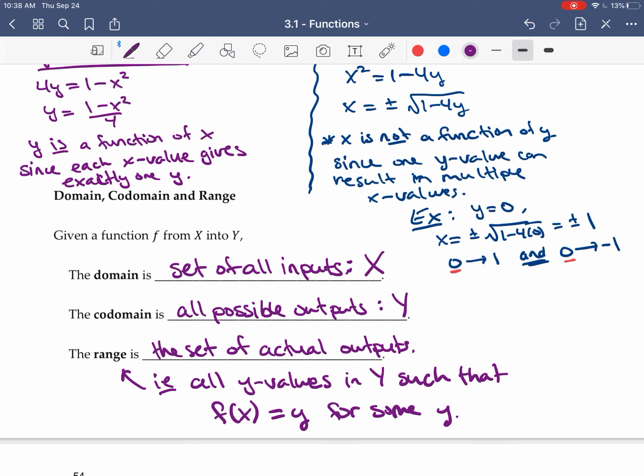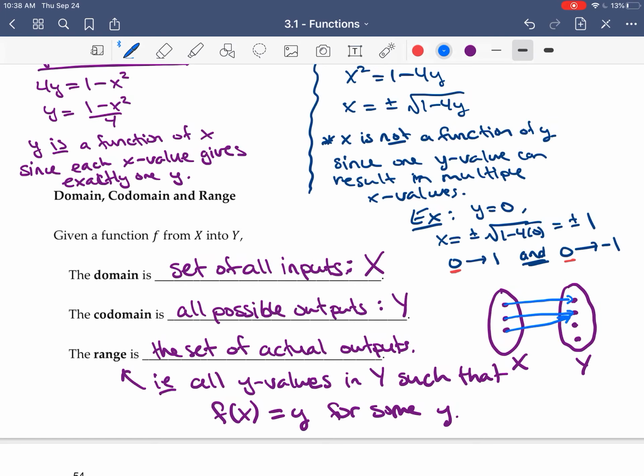Let me just draw a little picture here. If this is your x set, and over here is your y set, maybe our function f takes this one to this one, this one to this one, maybe this one also goes to that one.